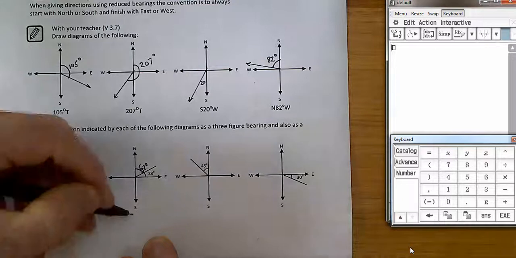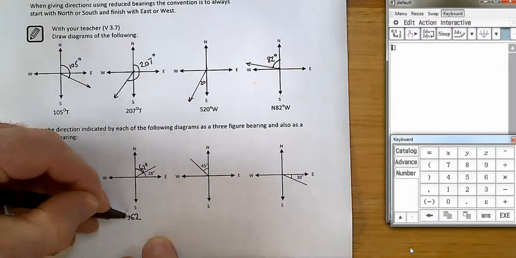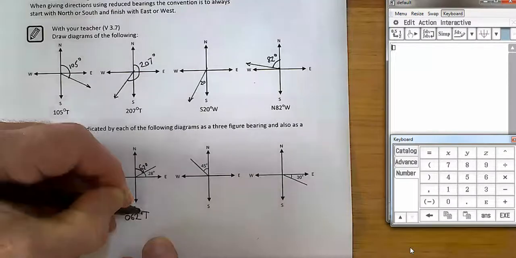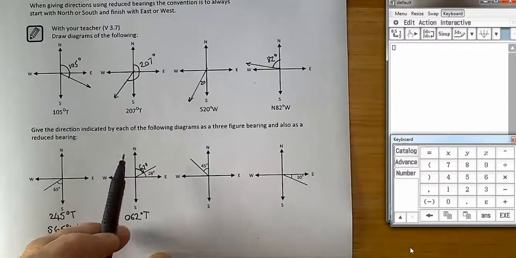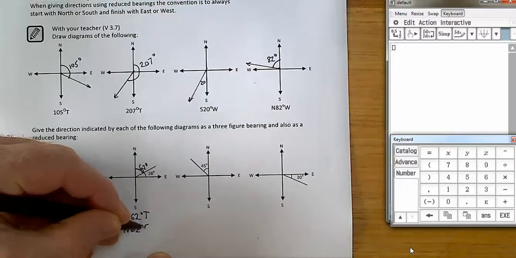So I could write this as 62 degrees true. Now they're sometimes called three-figure bearings, and normally if they're an angle which is less than 100, you normally fill up that and call it 062 degrees true. If I want to write this one as a reduced bearing, I would say from the north rotate 62 degrees towards the east.